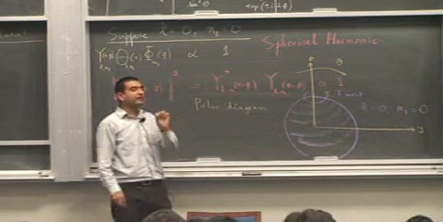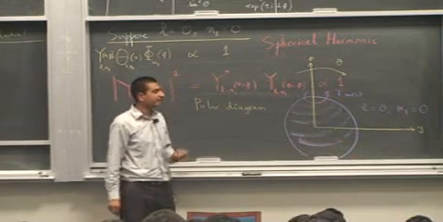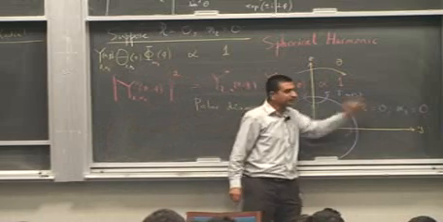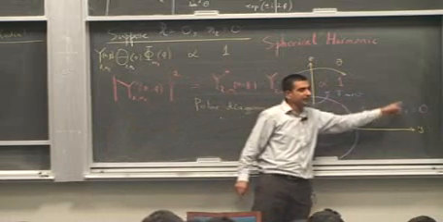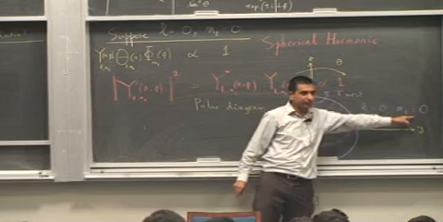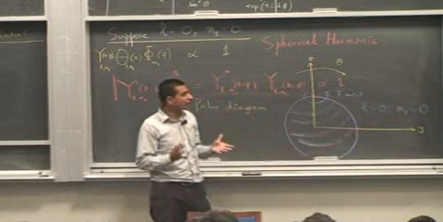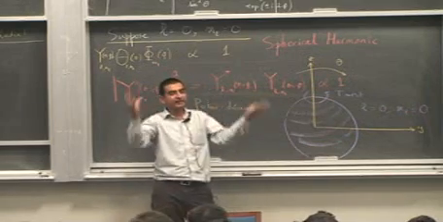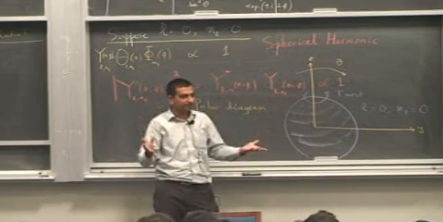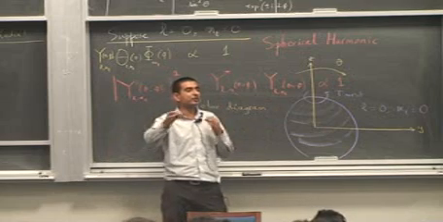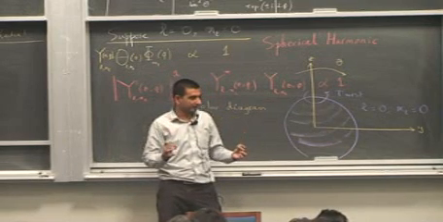Therefore, if I have an electron inside a hydrogen atom with a quantum number L equals 0 and hence ML equals 0, then the probability density function for such an electron will be totally spherically symmetric like a sphere, and there will be no dependence upon theta or phi.